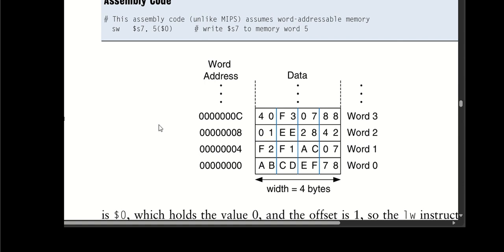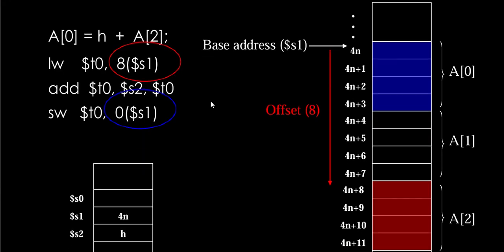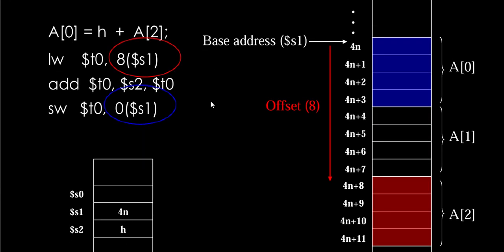So that's basically it. And once you get these ones, then the addressing and fetching of data in MIPS won't be so confusing. And I also think this is representative of the same thing we've been talking about so far.